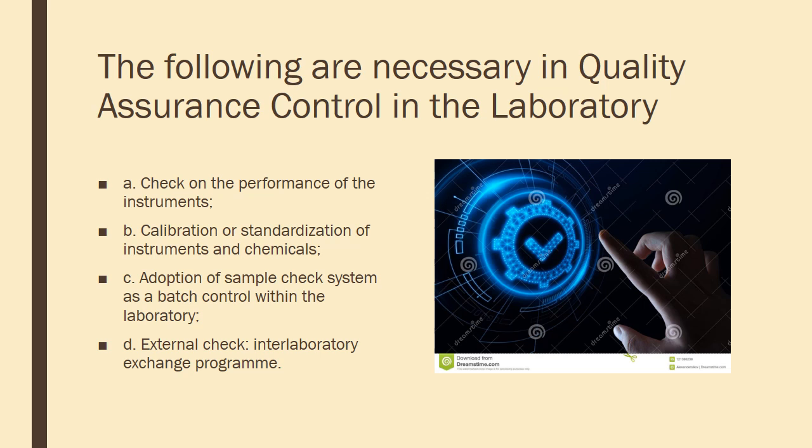Put all the necessary things in place: areas that need to be adjusted, areas that need to be standardized, areas that need to be touched, and all of that. All these things are very necessary, and sometimes there might be need for calibration or standardization of instruments and chemicals. So all of these are very important.